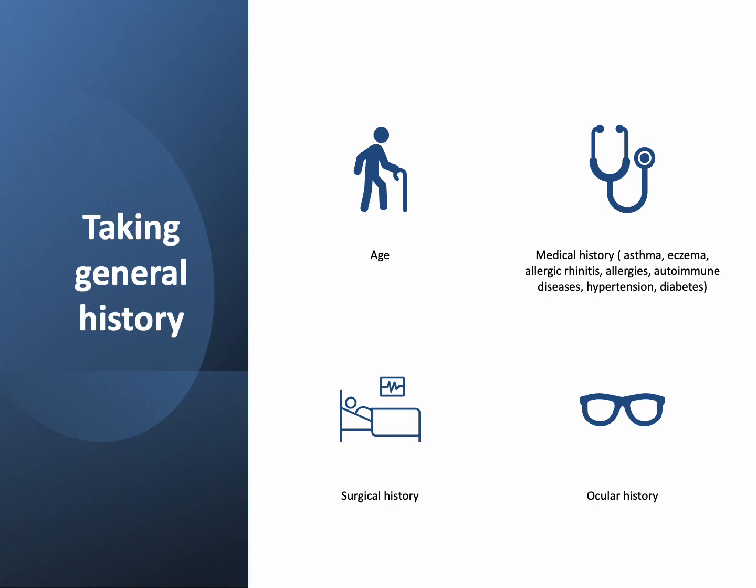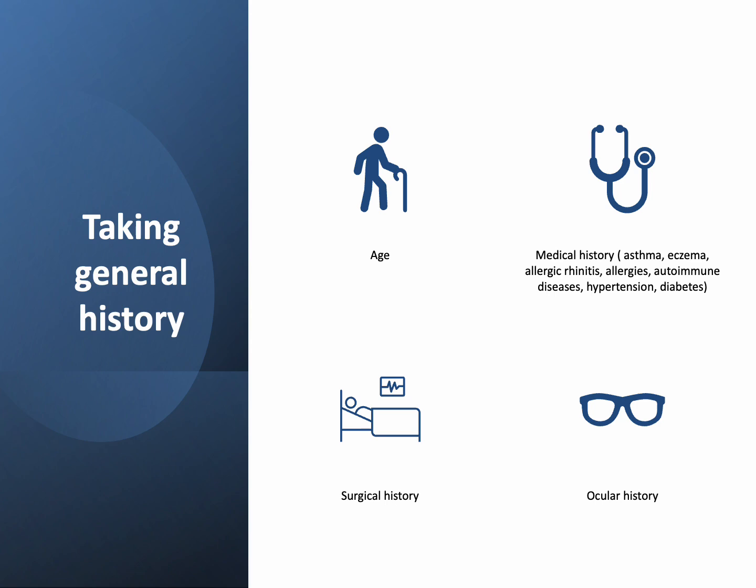The other things that we should take is the medical history, including any allergic condition, asthma, eczema, allergic rhinitis, allergy to food or medication, any autoimmune disease, any other systemic disease, including hypertension and diabetes, and so on. Then we should take any surgical history, any recent surgeries, whether ophthalmic or systemic.